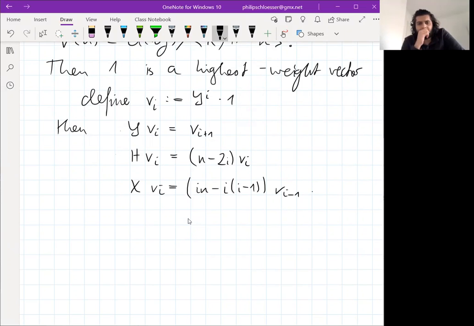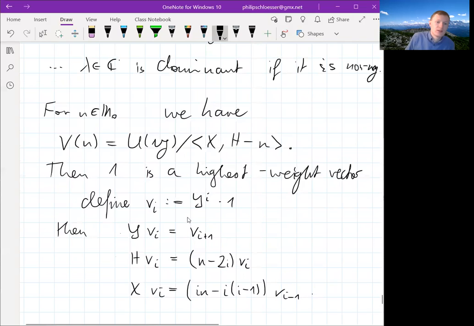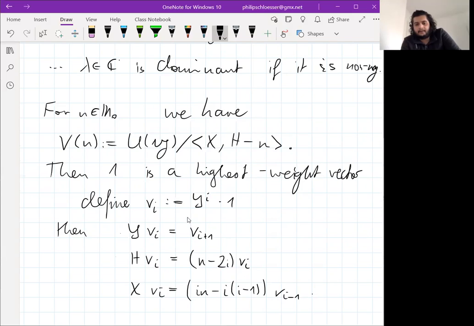What is V_n again? V_n is this representation space, or this quotient module that we defined. But can't we define similar annihilation and creation operators even in the original module without the division? The highest weight representation.